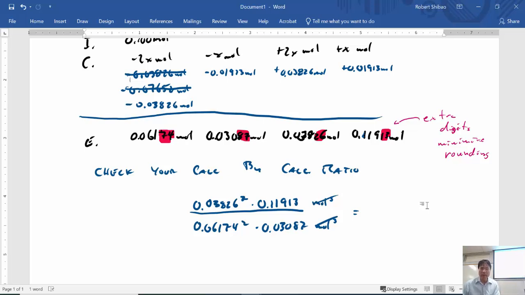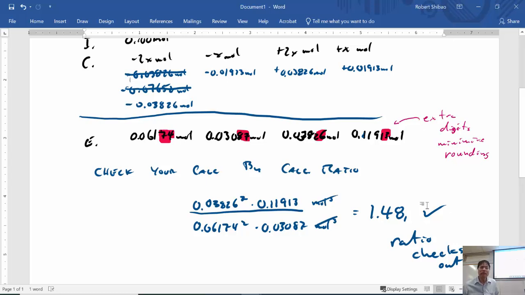And what do we get? We get 1.481. So the ratio checks out. So it looks good.